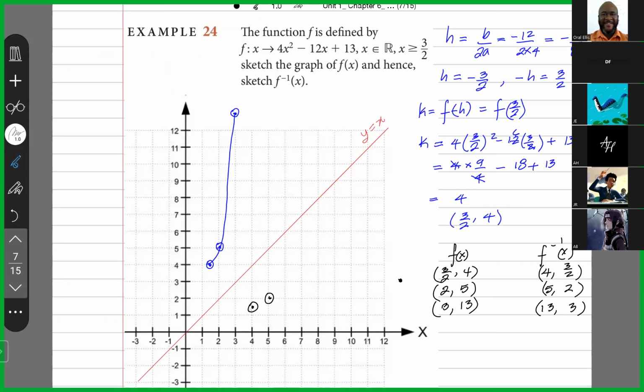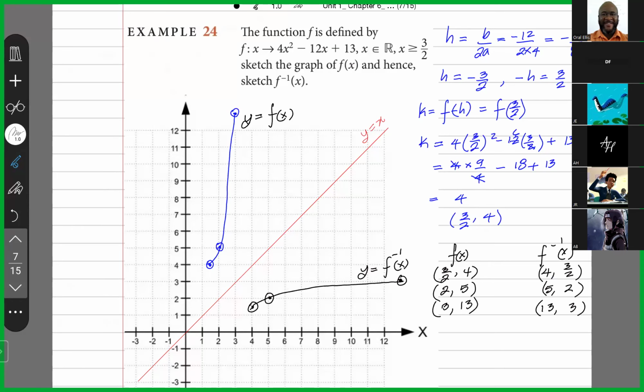And now if I draw my graph, it would look something like this. So if this is the graph of y is equal to f of x, this would be the graph of y is equal to f inverse of x.